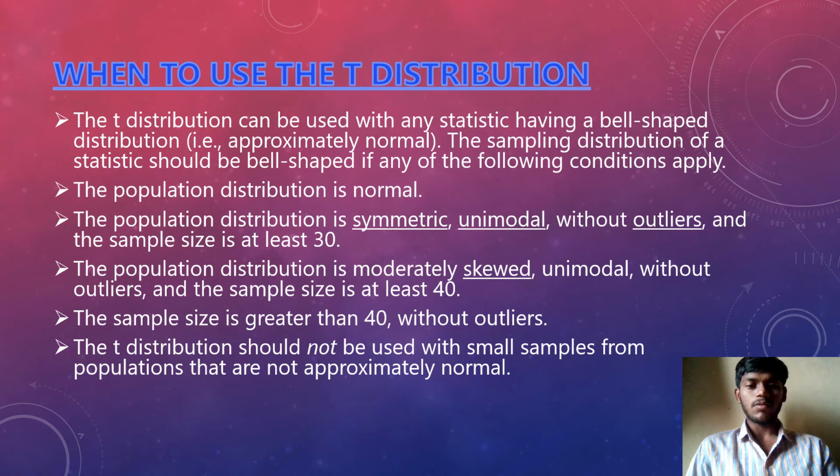The population distribution is symmetric, unimodal, without outliers, and the sample size is at least 30. The population distribution is moderately skewed, unimodal, without outliers, and the sample size is at least 40. The sample size is greater than 40 without outliers. The t-distribution should not be used with small samples from populations that are not approximately normal.